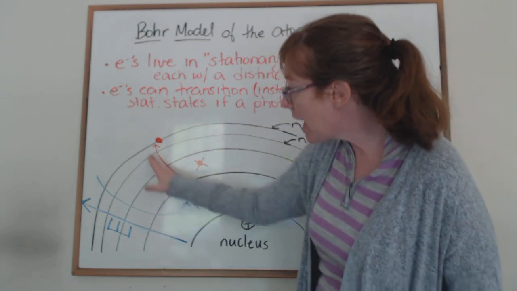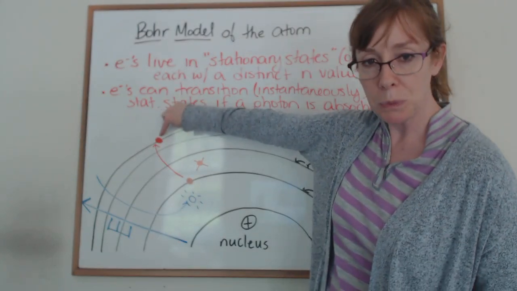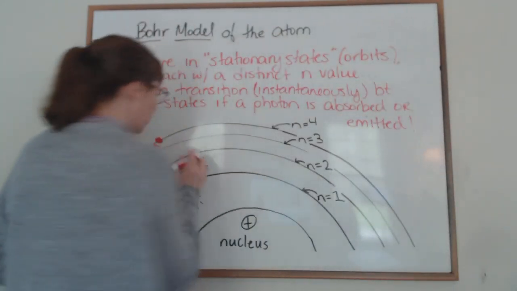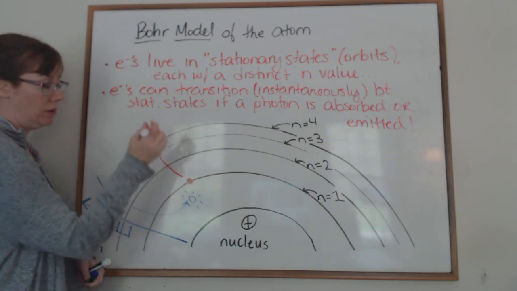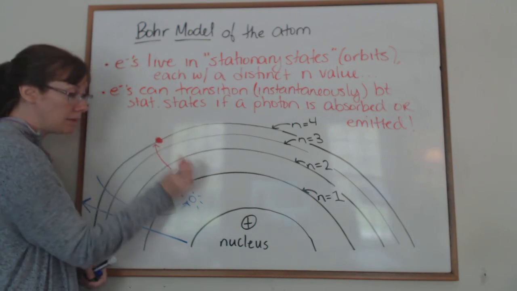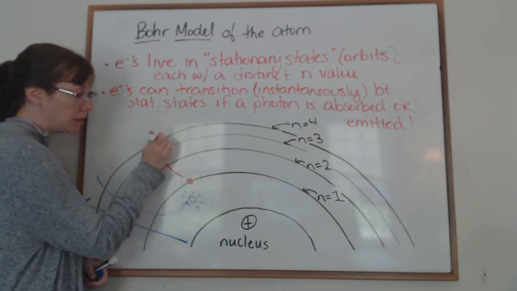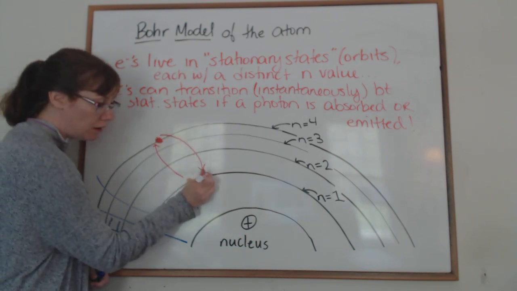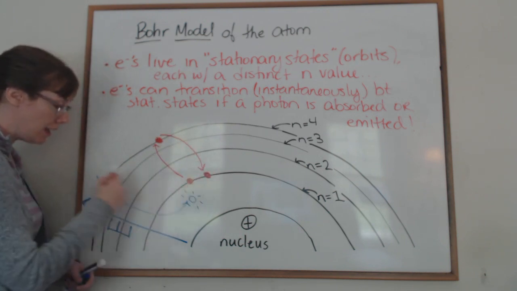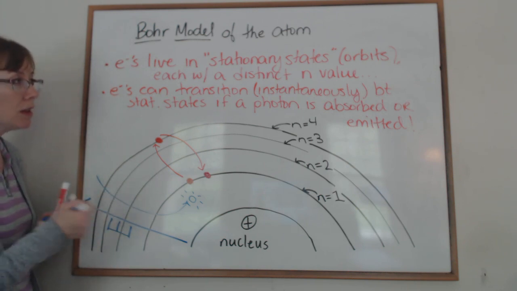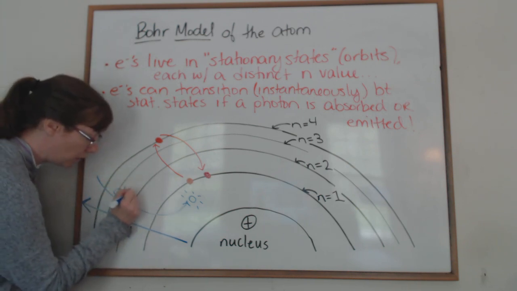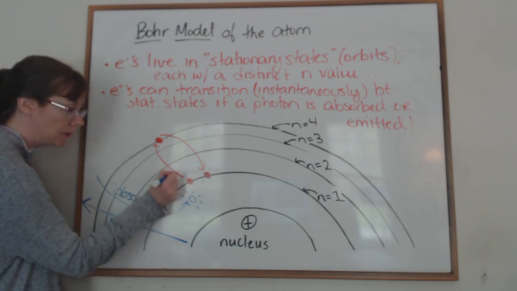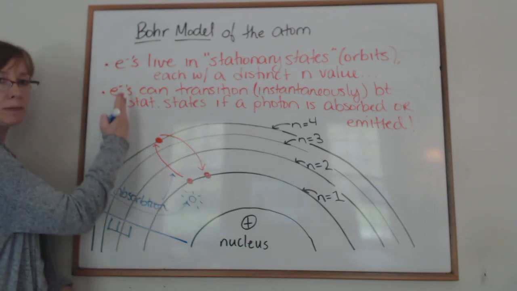As soon as that electron jumps up, literally instantaneously, it will fall back down. Sometimes to different levels, but let's just say it falls right back down. So this is the absorption of a photon that will make it jump up. The photon comes in, it jumps up.